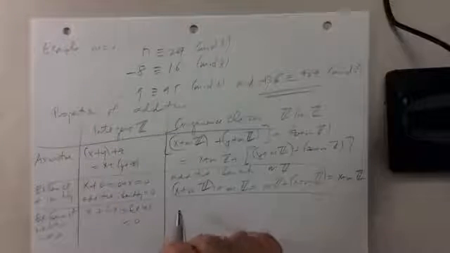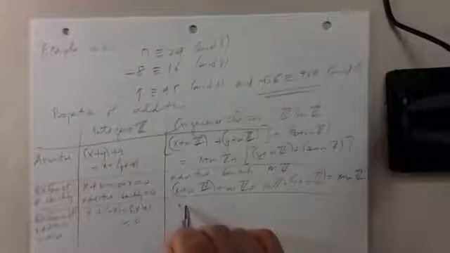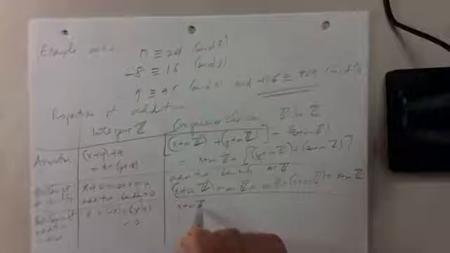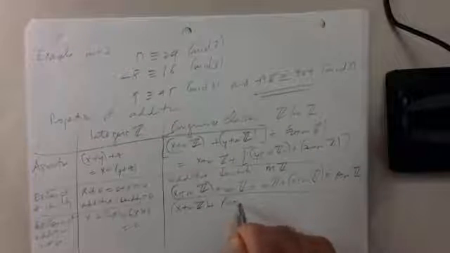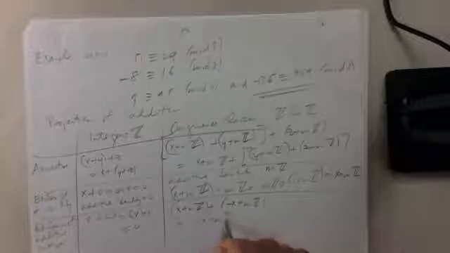And for congruence classes, if I take the congruence class of x and I add the congruence class of minus x, that's the same as the class of minus x plus mZ and the class x plus mZ. And that's still equal to 0 plus mZ. So here, minus x is the inverse. Here, minus x plus mZ is the inverse.